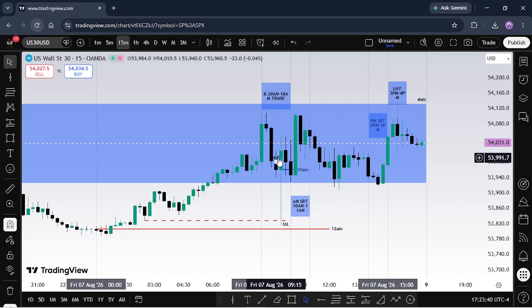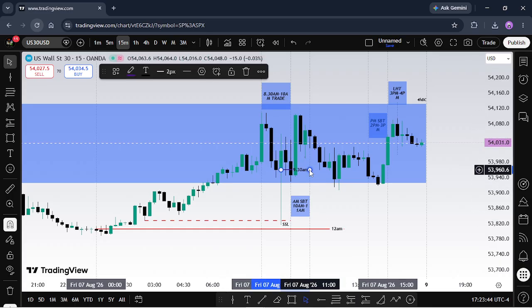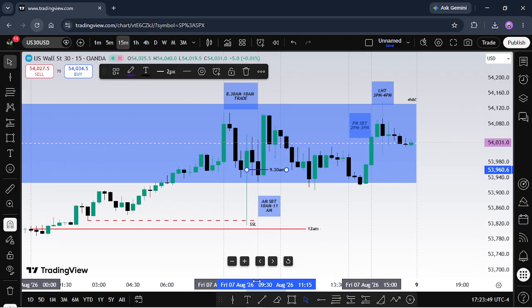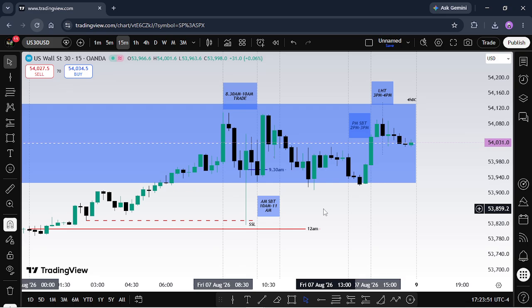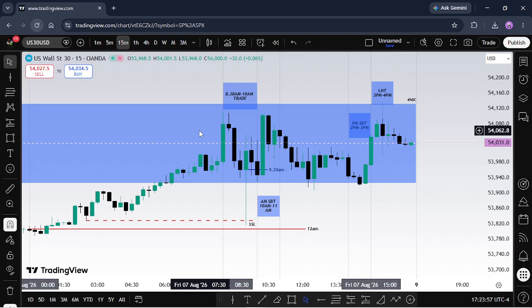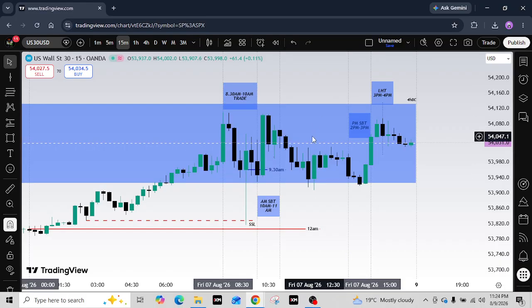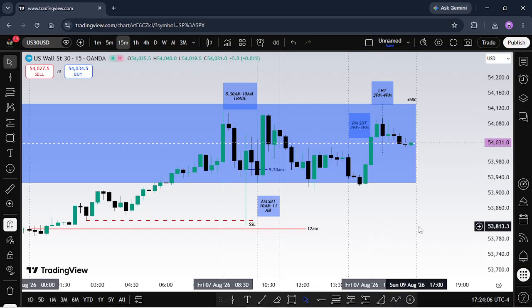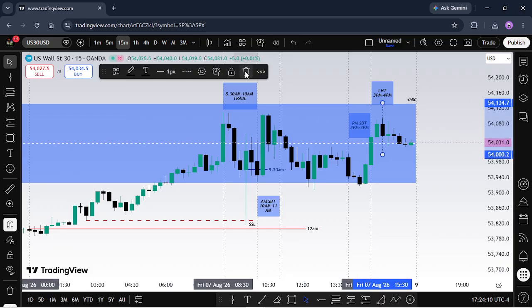So let me look at this from a 15-minute time frame perspective. Maybe I need to see the other ones at the same time. Maybe it will help. It was gonna be so nice if I could have another chart here and here so I can properly analyze this thing.